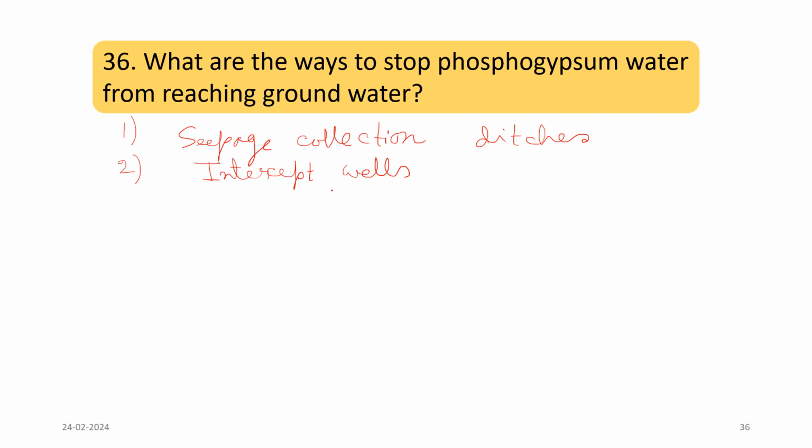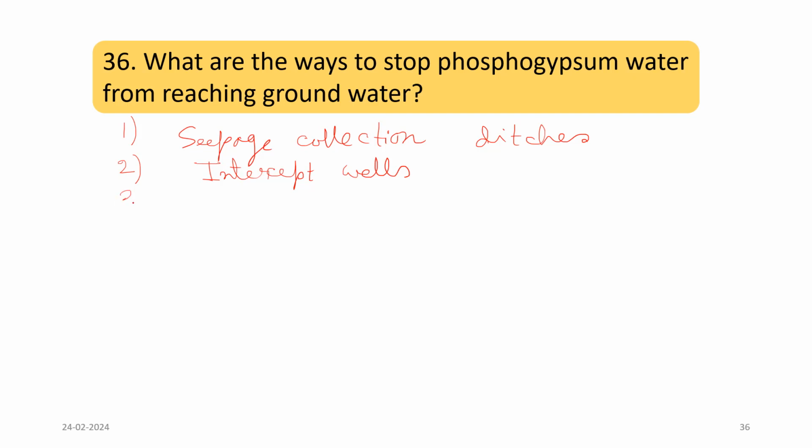before proceeding to the next reactor, and then directly emitting to the pond or any kind of water source. So before that we can intercept the reaction channel, and we can take out some amount of phosphogypsum water to reduce the pollution.